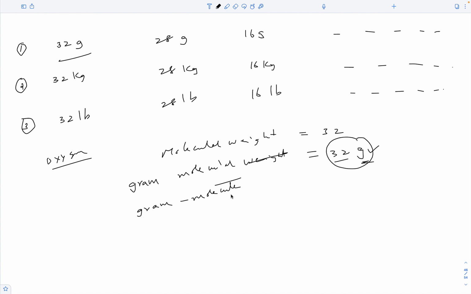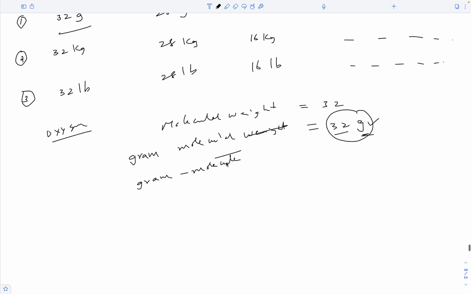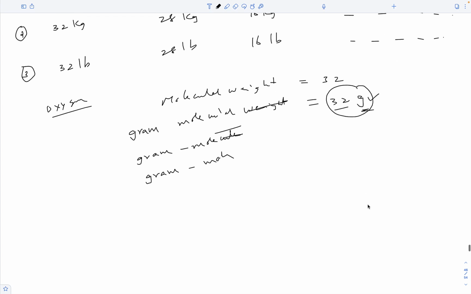Okay, some of us may feel even gram molecule is long, so they said drop these 4 letters and simply call it gram mole. So gram mole, gram molecule, gram molecular weight mean the same. Molecular weight in grams. Okay, if you feel even gram mole is long, drop this word gram altogether and simply call it mole.